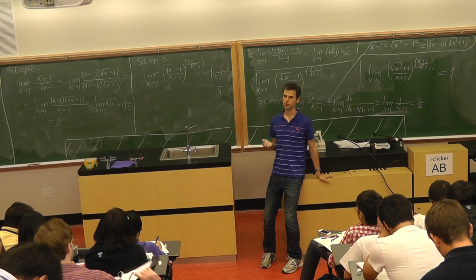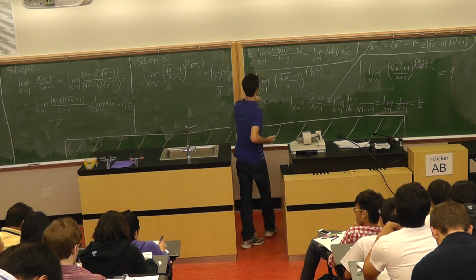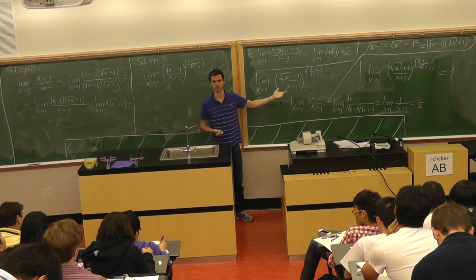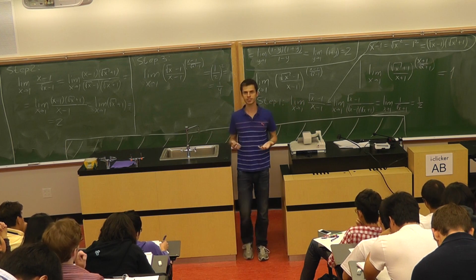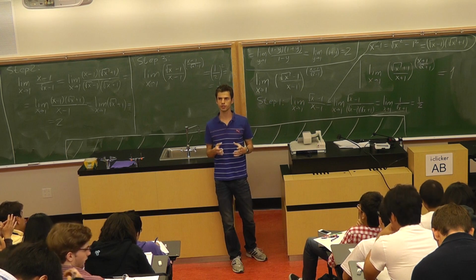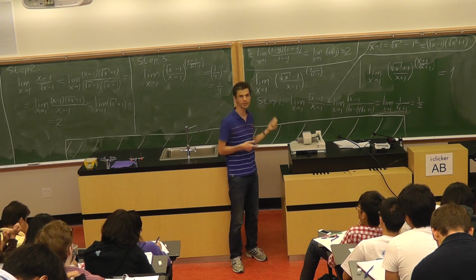So the idea in this question was, well, we want to calculate the limit of a complicated expression. And we see that parts of this expression don't make sense immediately. We don't see what they are close to when x is close to 1.